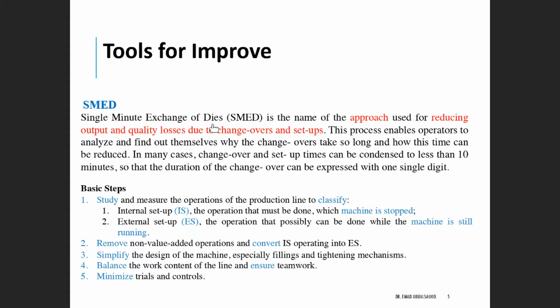Sometimes the maintenance you do on the website that's serving customers is considered changeover or setup time. All these are examples of setup times, and SMED tries to reduce the output and quality losses due to those times. So your output will be reduced if those times increase.